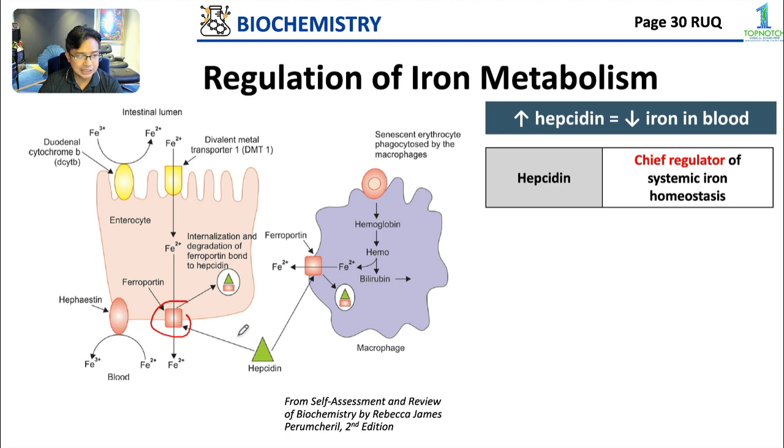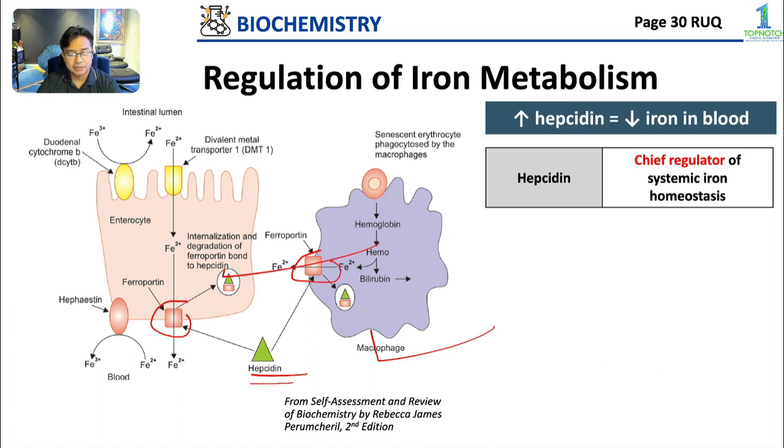Ferroportin, ang ginagawa sa kanya, dinidegrade siya ng ating hepcidin para ma-decrease ang export of iron sa ating circulation. So, binablock ng hepcidin ang release ng iron from the macrophages and from the intestine, causing low amounts of iron in the blood.